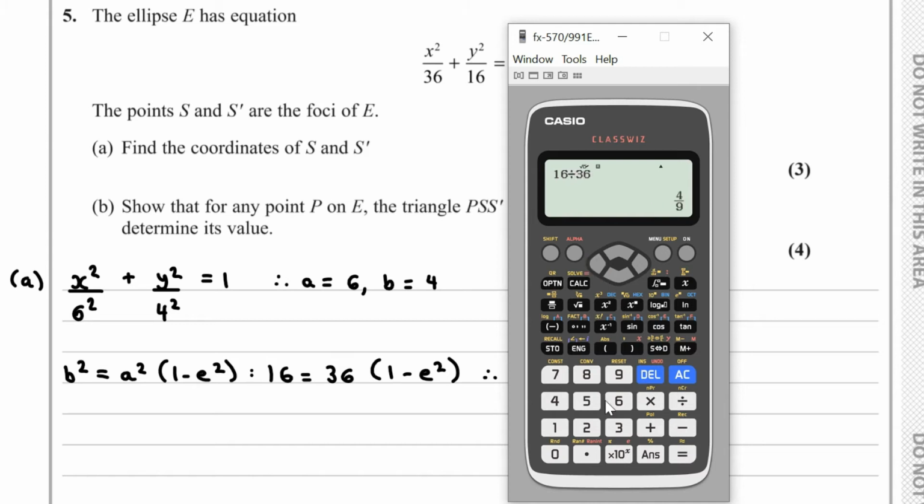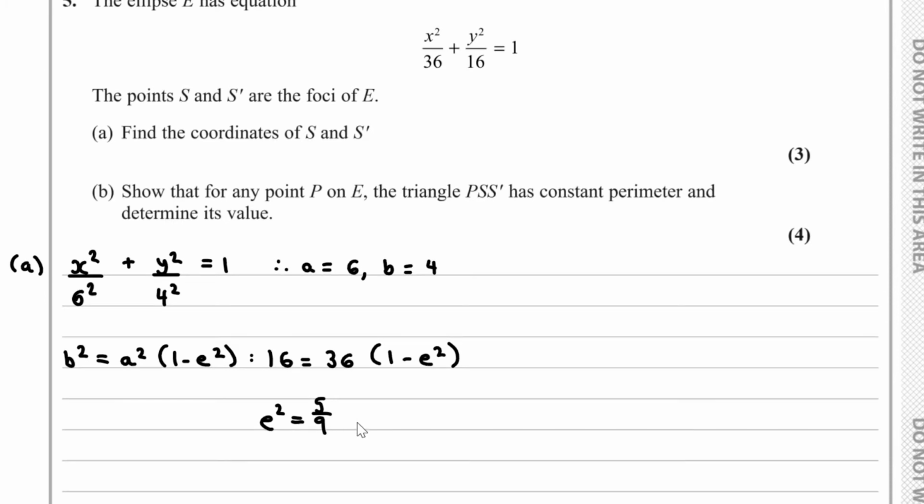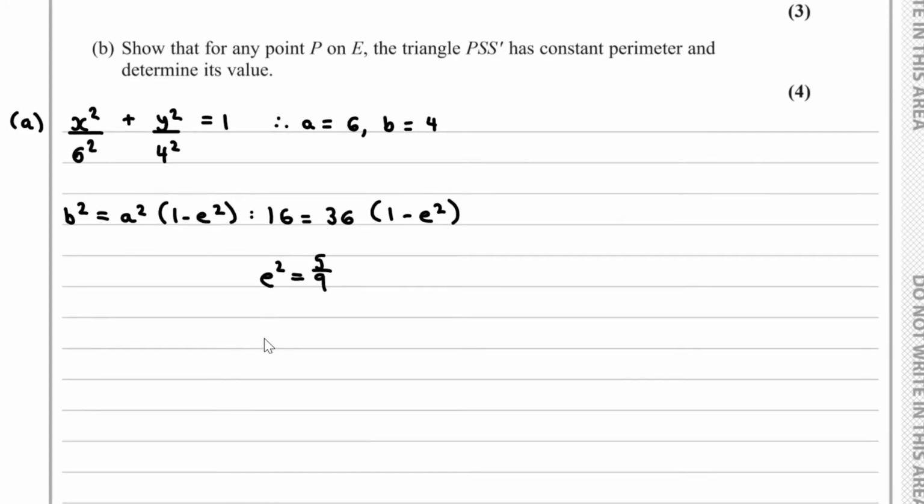And then we've got 1 minus this, which is 5 over 9. And therefore, we've got e squared equaling 5 over 9. So let's just write that down here. We've got e squared, which is equal to 5 over 9. And therefore, e is equal to plus minus, rather we'll just leave it as a positive value. We've got e equals root 5 over 3.